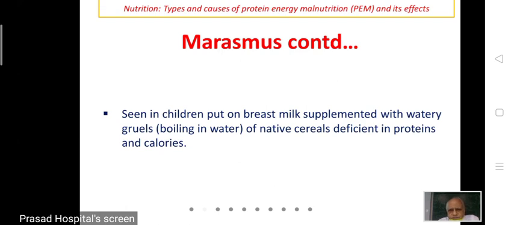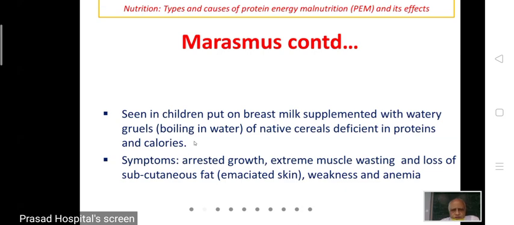It's some carbohydrate-rich vegetable which is boiled in water and supplemented along with the breast milk to newborn children. But the gruels are native cereals deficient in proteins, and they provide less of the calories also. Gruels don't have enough nutrient-rich material in them.